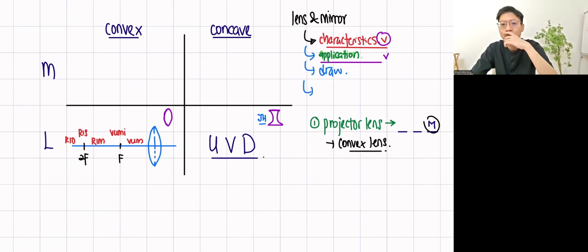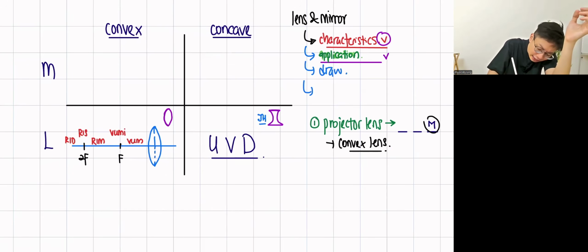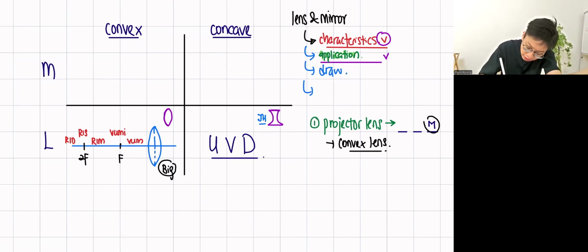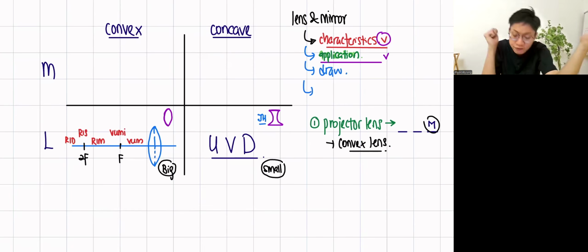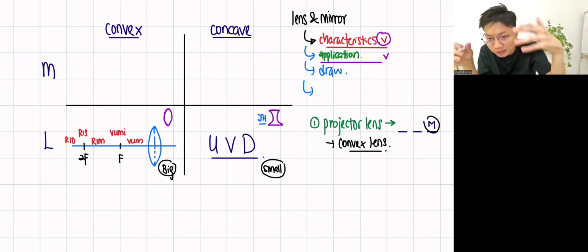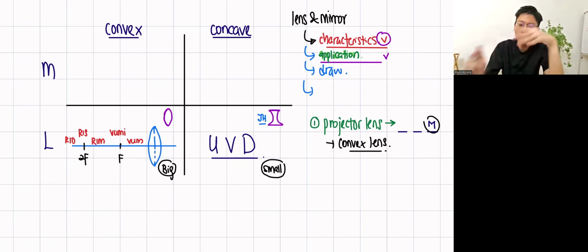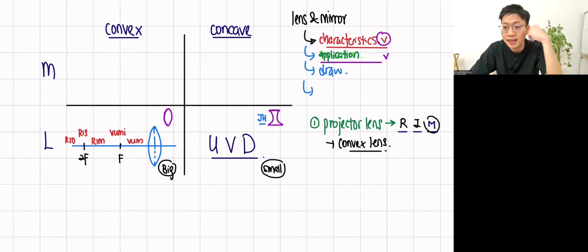Okay, guys, remember, anything that is bigger, you usually use a convex lens. Anything that will go smaller, you use a concave lens. Sometimes it can be tricky. Moreover, our projector lens confirmed we want real, inverted, magnified.